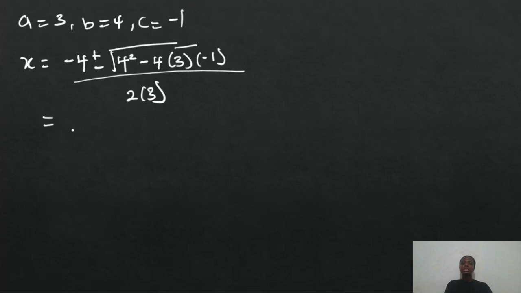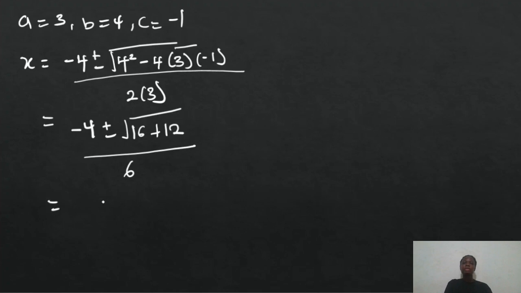So we are going to get -4 plus or minus root 16. Now -4 times 3 times -1 is going to give us positive 12, all over 2 times 3, which is 6.